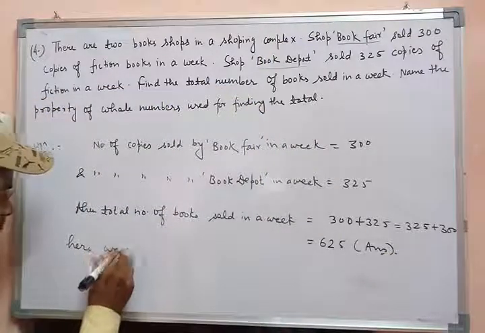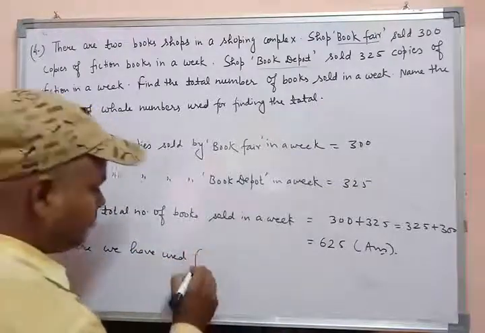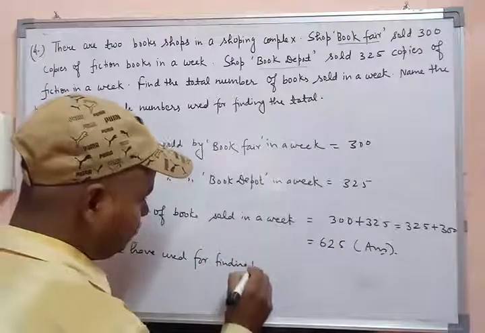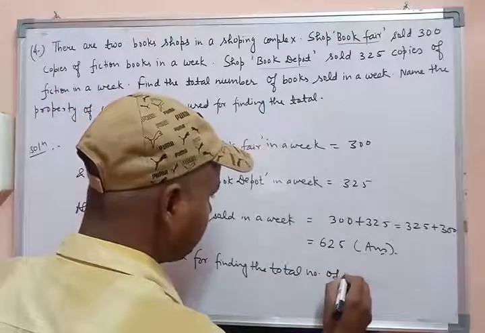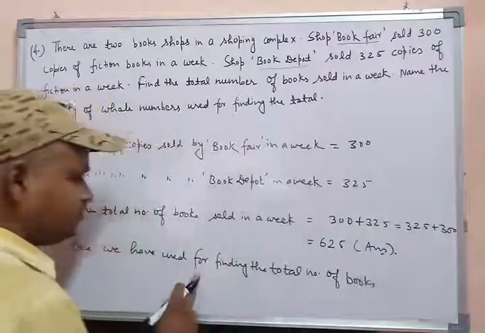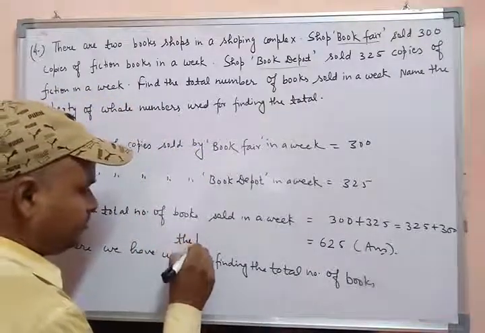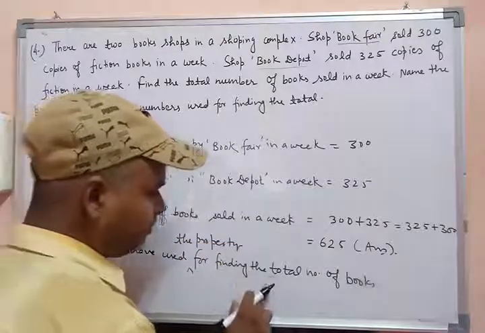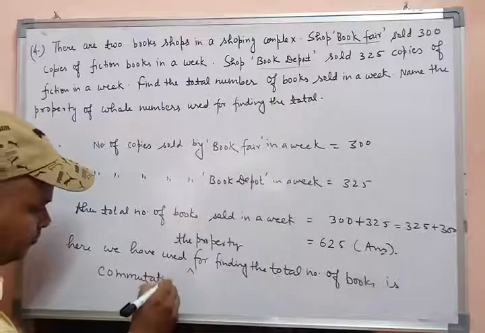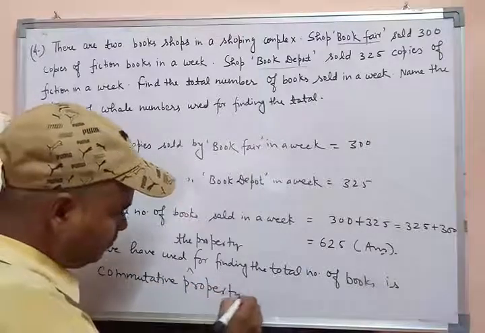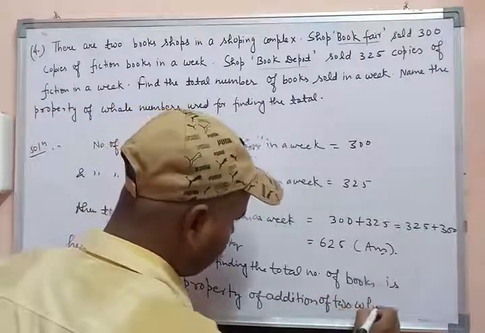Here, the property we have used for finding the total number of books is the commutative property of addition of two whole numbers.